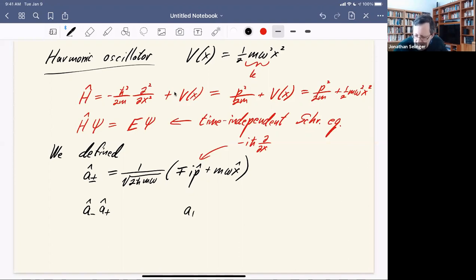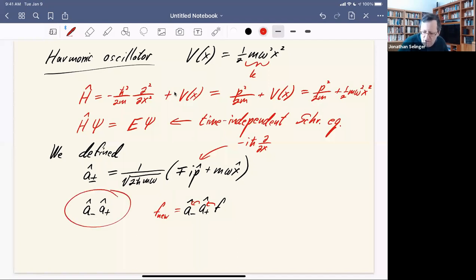So if we have A minus A plus acting on some function f, it means that the function f goes into A plus, and then the output of that goes into A minus, and then that produces a new function f new, like that.